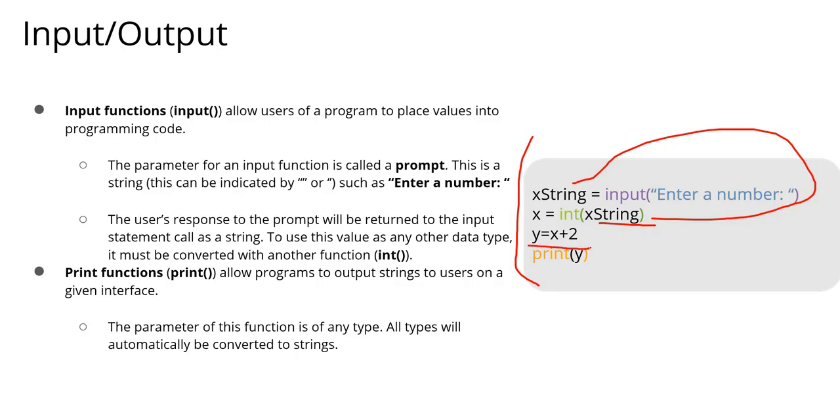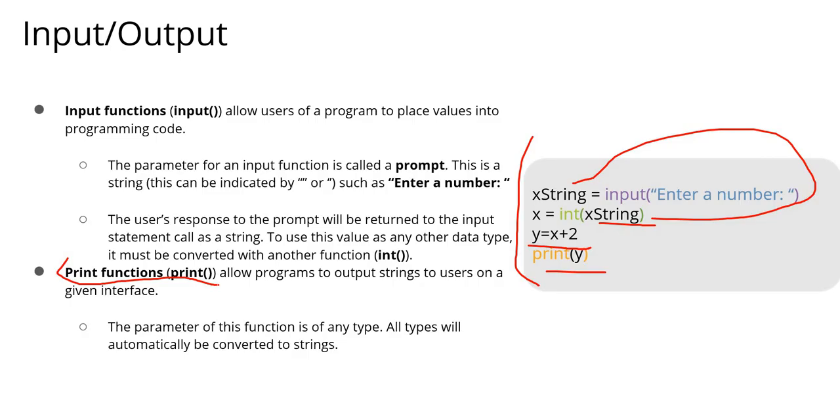This is the actual expression: we give some input to the particular string, and y is equal to x plus 2. Then the value comes from y. Then we talk about the print function. The print function allows programs to output a string to a user on a given interface.